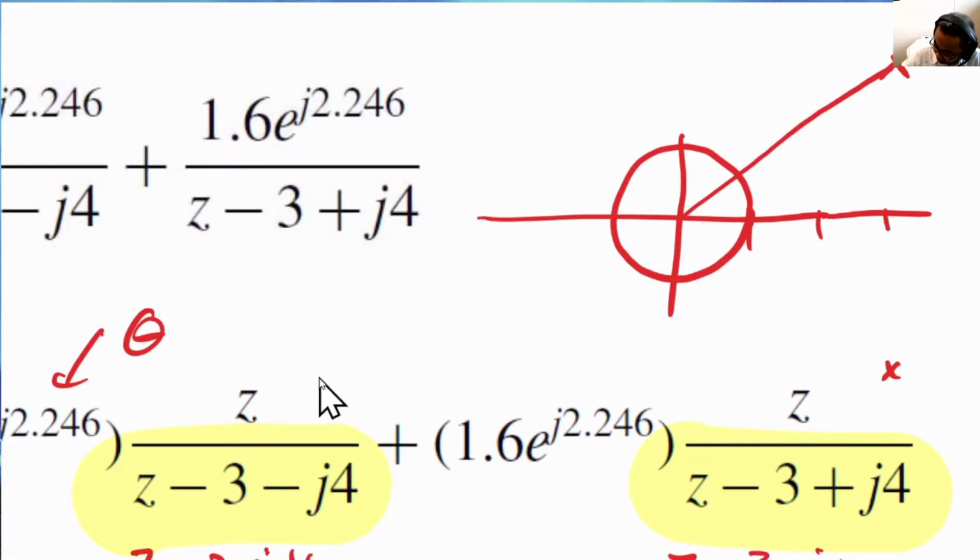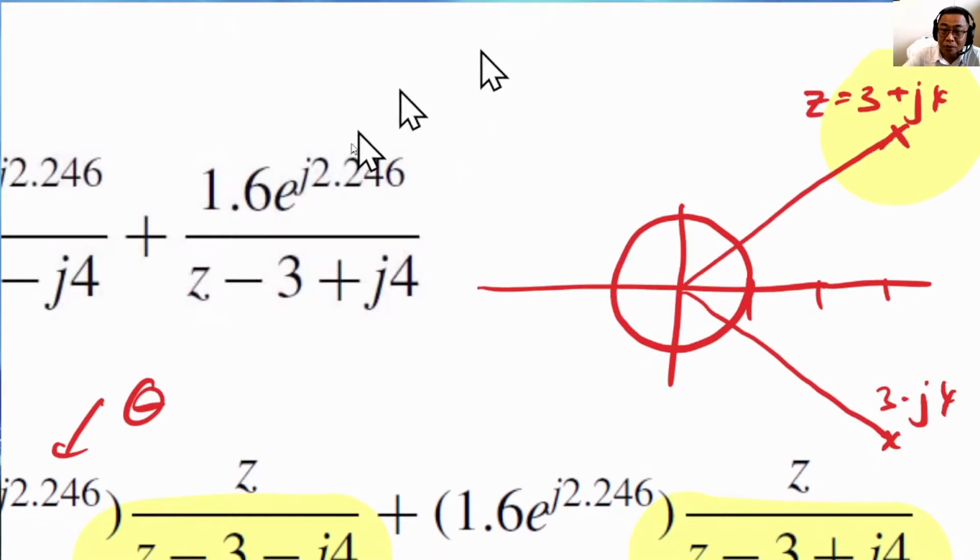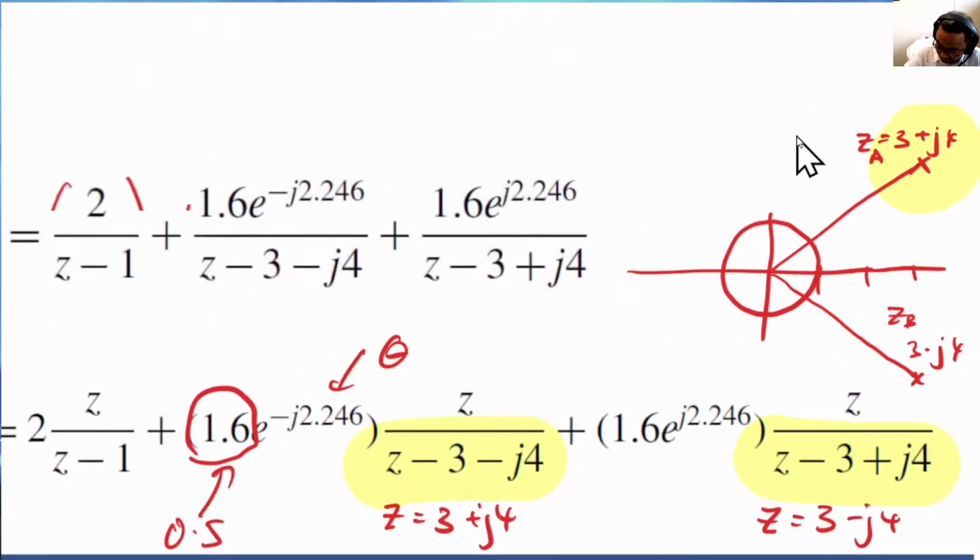So if you really want to, you can draw 2 triangles here. So this is z equals 3 plus j4, and 3 minus j4. Now the trick is always look at the positive pole. So let's call this ZA, and let's call this ZB. So who is ZA?